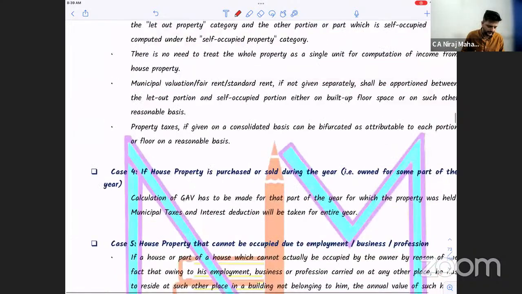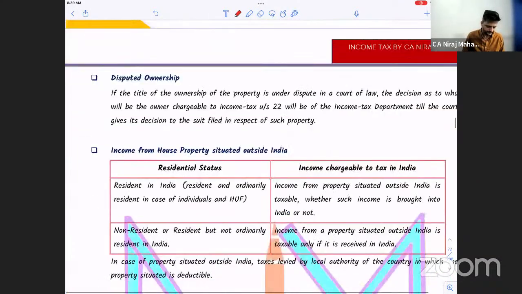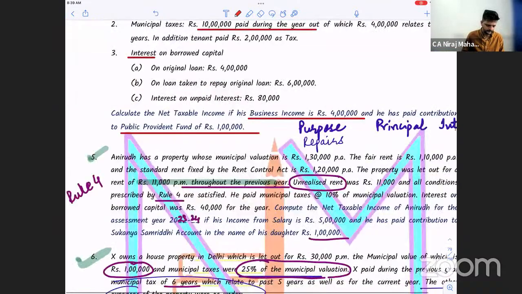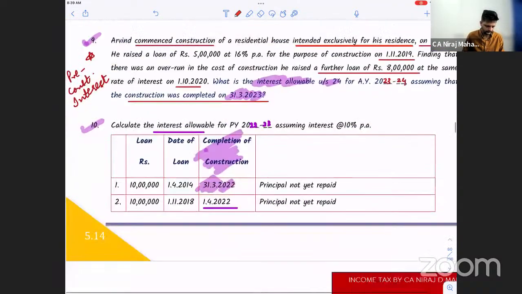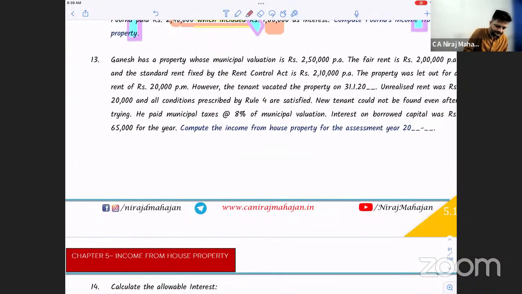Come to question number 13. Star mark. Why? Which concept? New concept, no? Vacancy loss. Ready, everybody?